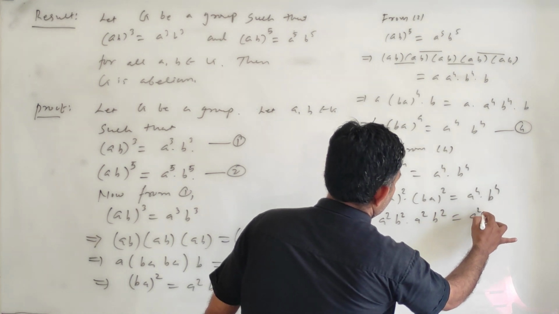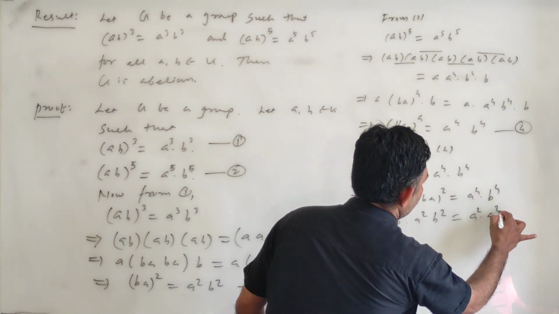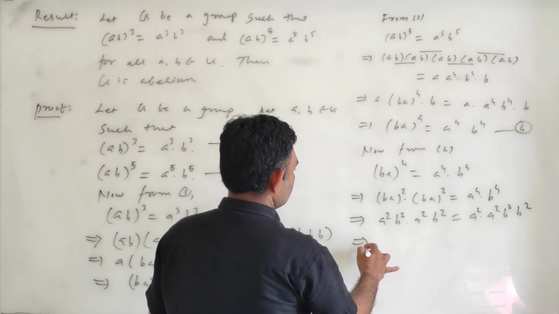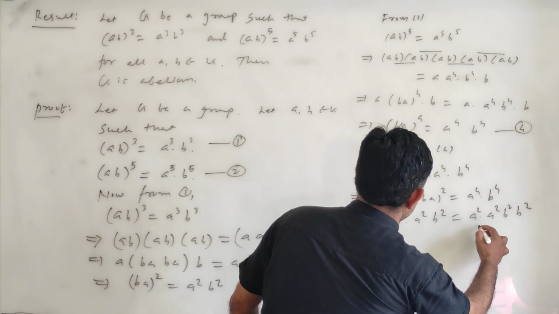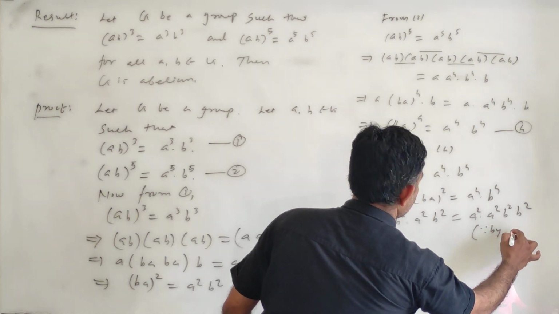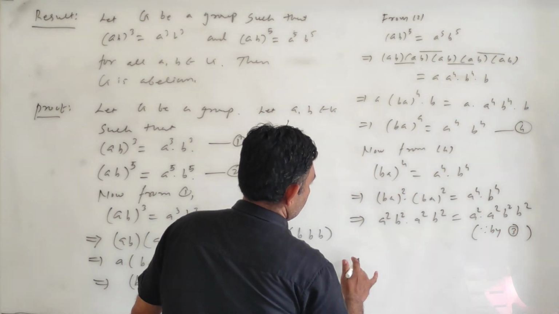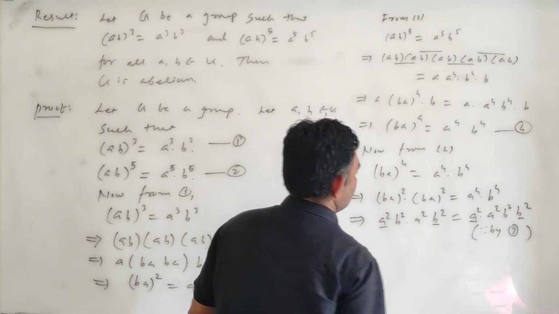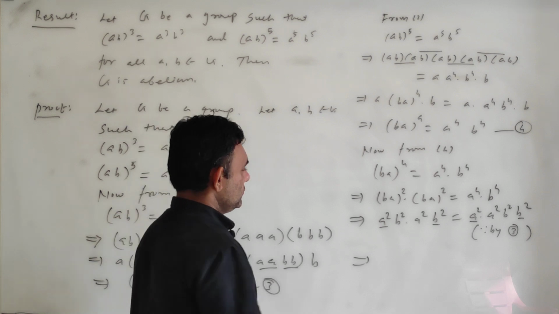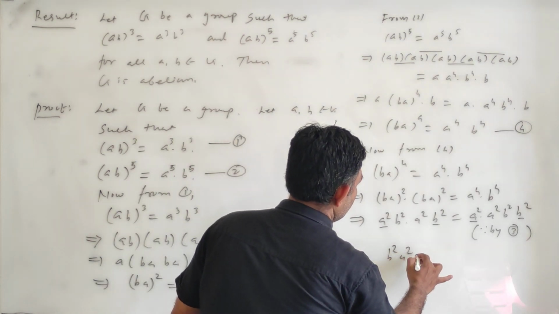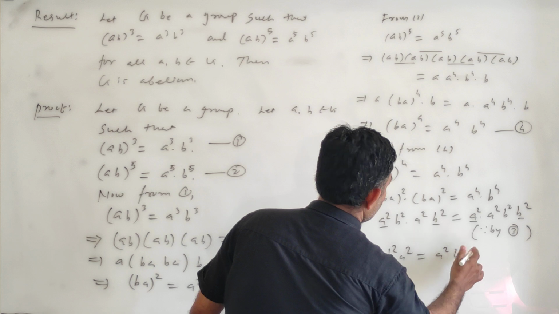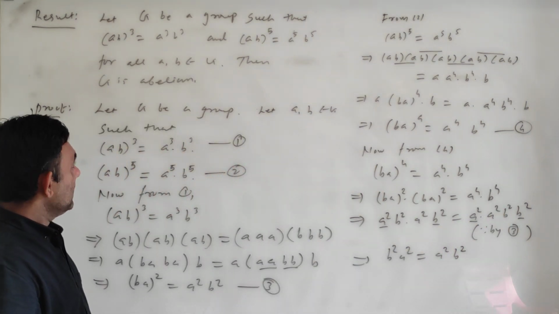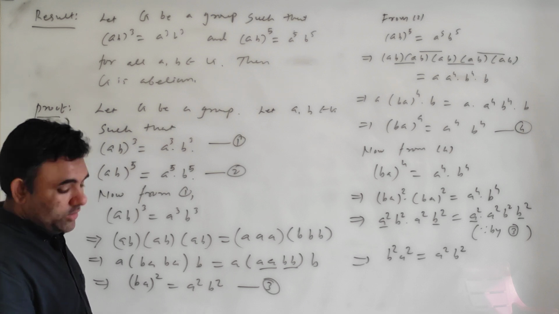So A raised to 4 is A square into A square B square into B square. Here I am using result number 3. So I can cancel A square and B square by the cancellation law. So I am left with B square A square is equal to A square B square. Okay, so now what?